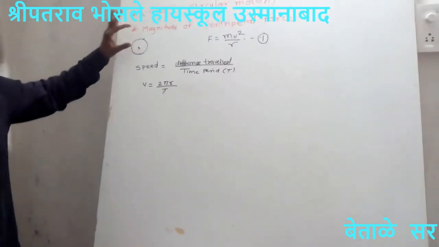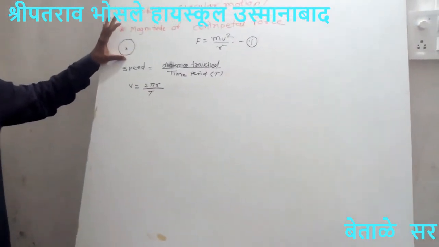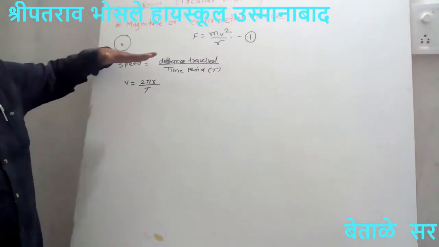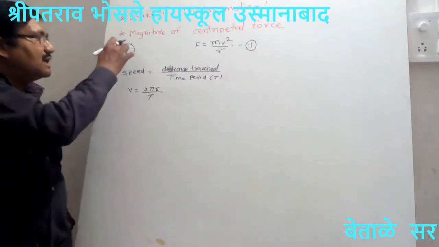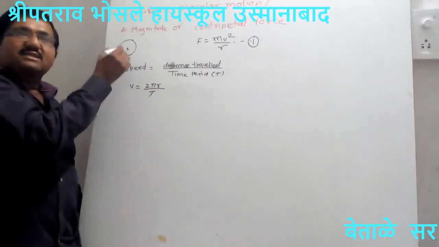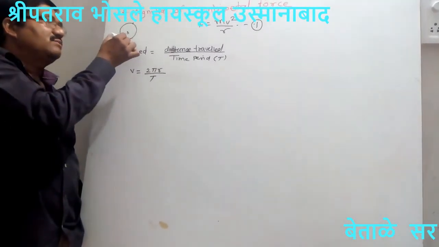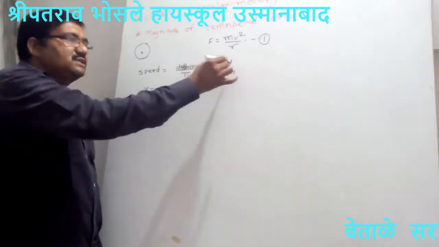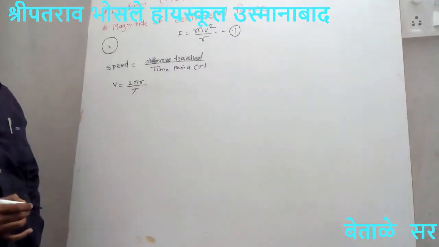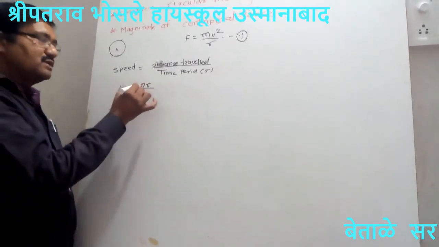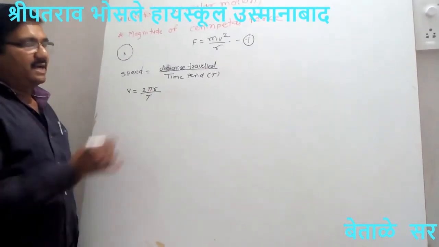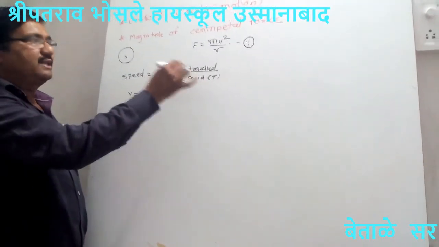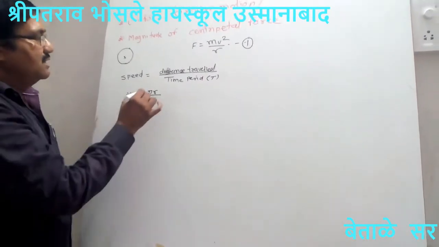So when this planet revolves around the Sun, the speed of that planet, that is velocity, is equal to distance traveled upon time. The distance traveled by that planet from this point to this point is nothing but the circumference of the circle, which is 2 pi r.